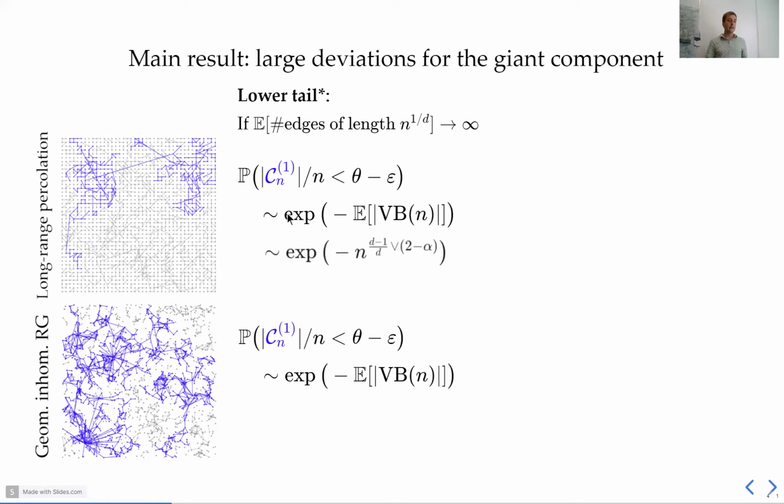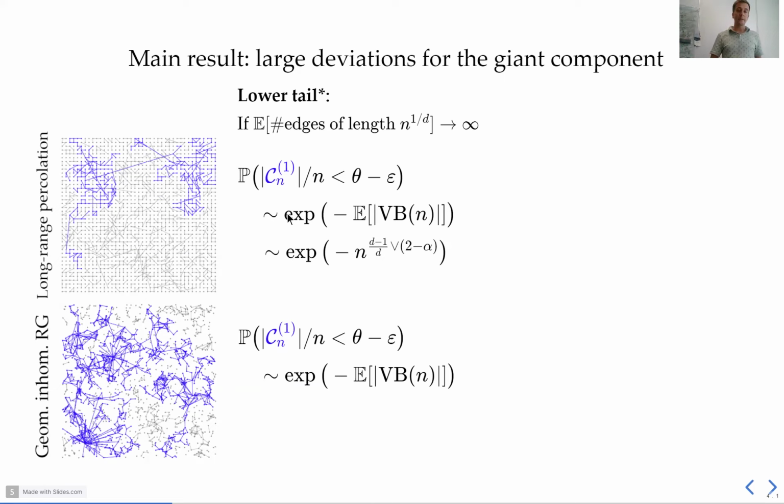So that means that for long-range percolation, we see two competing effects. On the one hand, we have the surface tension term, which is n to the d minus 1 over d. On the other hand, we also have a long edge term, which corresponds to long edges between low marked vertices very far away, order n to the 1 over d.